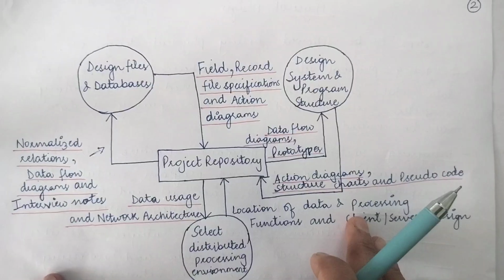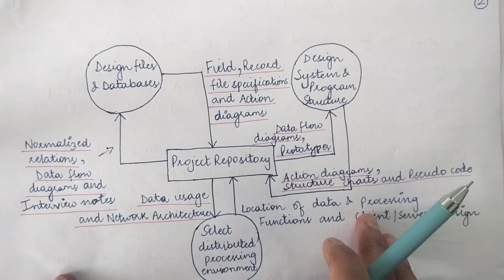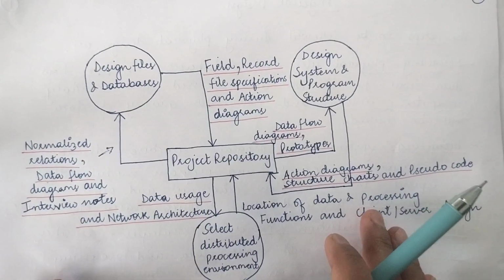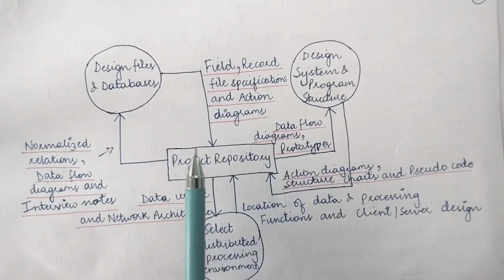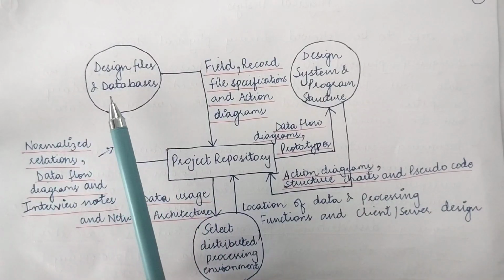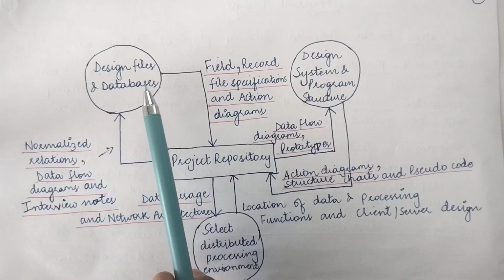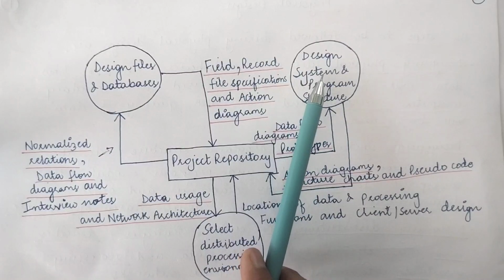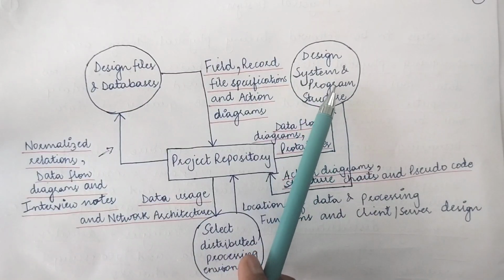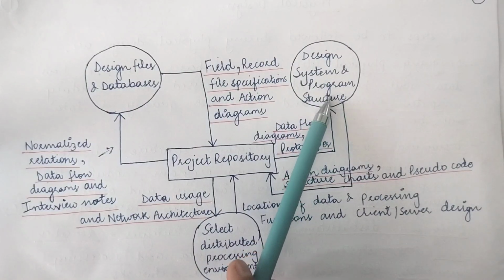All this that we have just studied can be explained briefly through this diagram. So basically what all things are required in a physical system design is designing files and databases, how the data will be stored in files and databases. Then designing system and program structure, what will be the system structure that will be depicted by various programs and modules within that program.